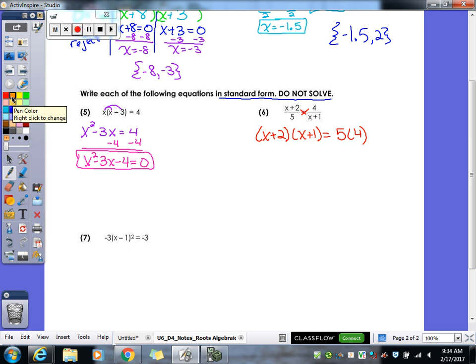Because if you don't, then almost every single time people get it wrong. So now for this one, we have to distribute. So x times x gives us x squared. X times 1 gives us a 1x. Now we distribute our 2. 2 times x. And then 2 times 1. And then that equals 5 times 4 is 20.